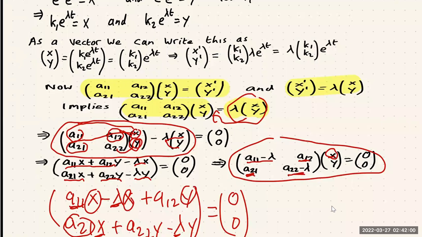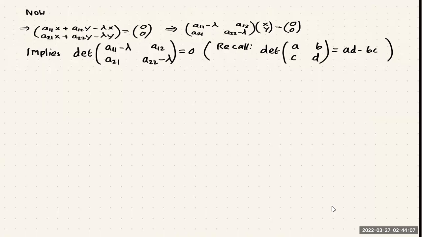All right, so let's keep going. We have that our matrix times the vector is equal to the zero vector, and that can only happen if the determinant of the matrix is 0. Recall the determinant of the matrix with entries a, b, c, d is a times d minus b times c.